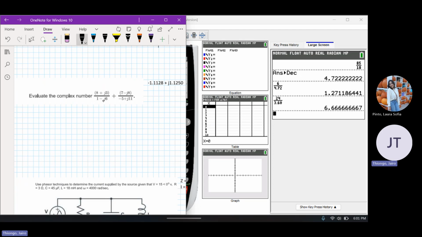We've been given these values of the complex numbers in rectangular form. For us to be able to divide them, we have to convert them into polar. This represents the x, or rather the real part, and this is the imaginary part.